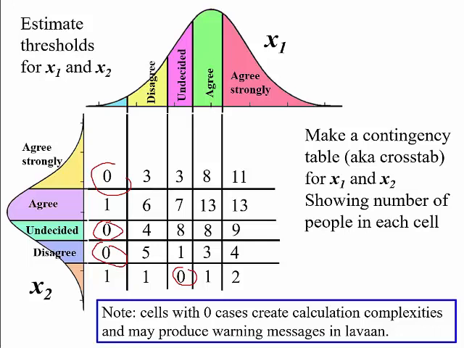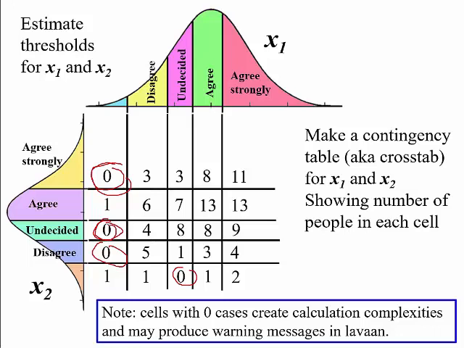I mention that here because a lot of times if you're doing a confirmatory factor analysis and using this procedure, when you have cells with zeros in them, you might get warning messages. This would be true, for example, if you're using R and using the lavaan program for doing your structural equation models, for doing your confirmatory factor analysis. Unless you have a huge sample, it's very common to have cells with zeros in them.